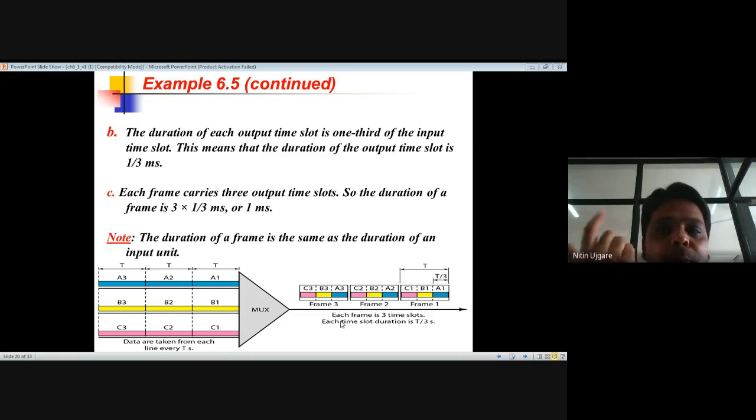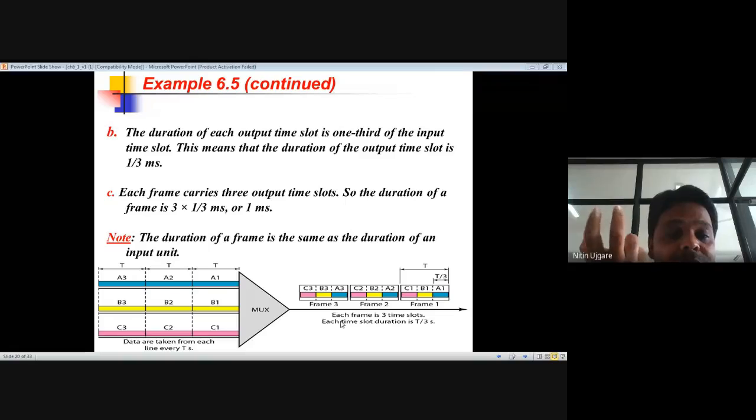We know the output time slot is 1 divided by 3 milliseconds, or 0.33 milliseconds. So if you take the product of 3 into 1/3, you get the answer 1 millisecond. And that's the reason, if you observe carefully, the duration of a frame is the same as the duration of an input time slot.